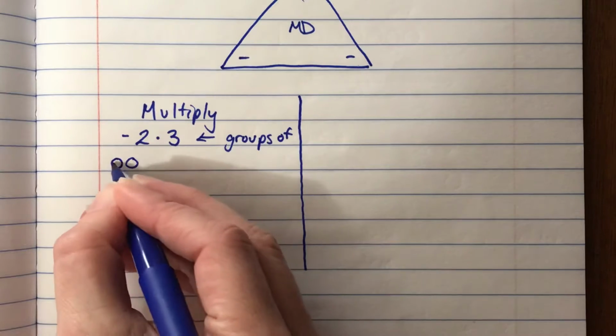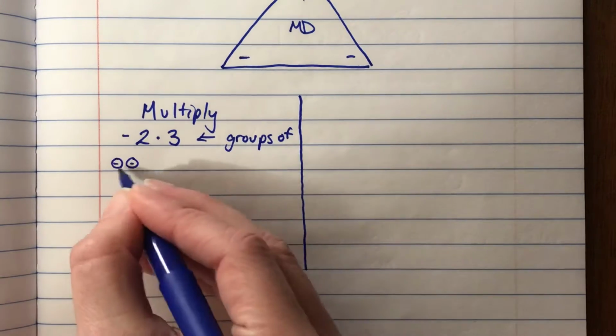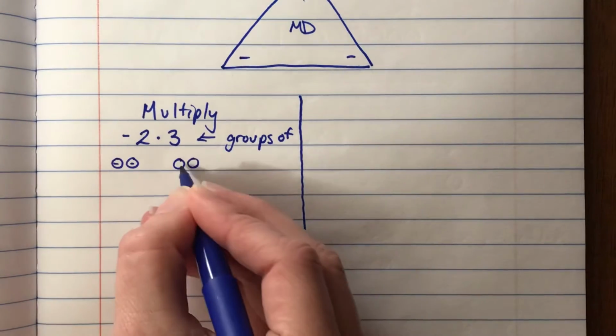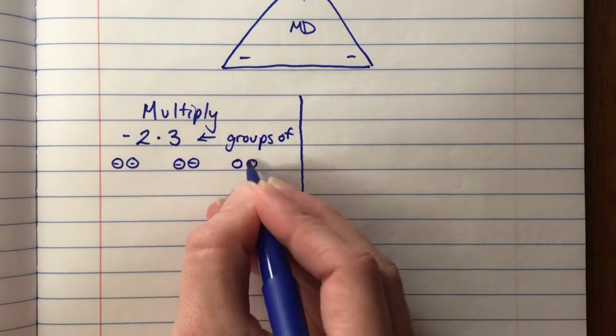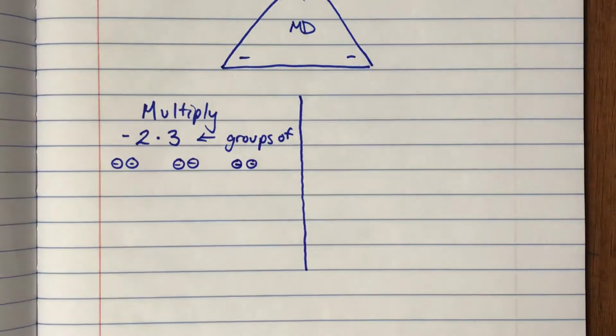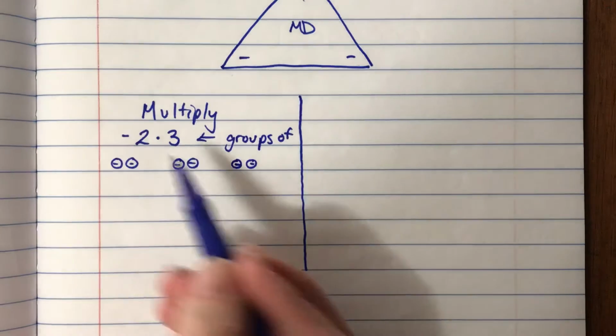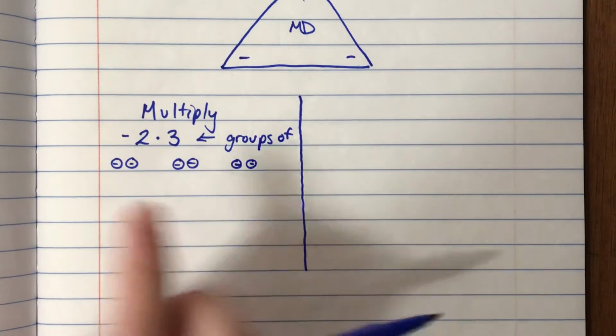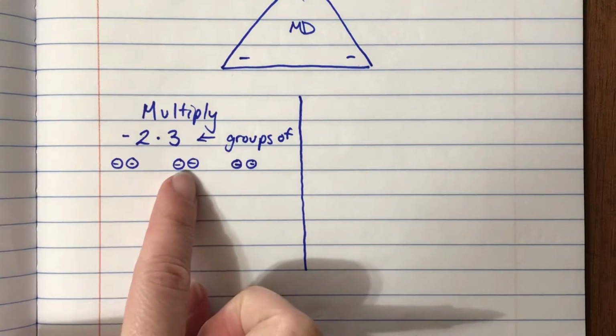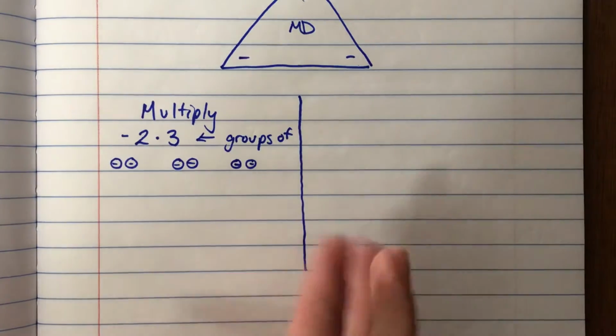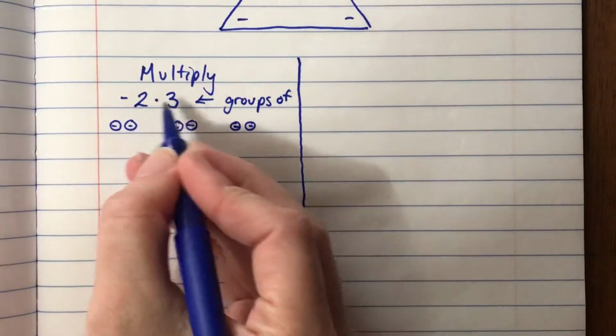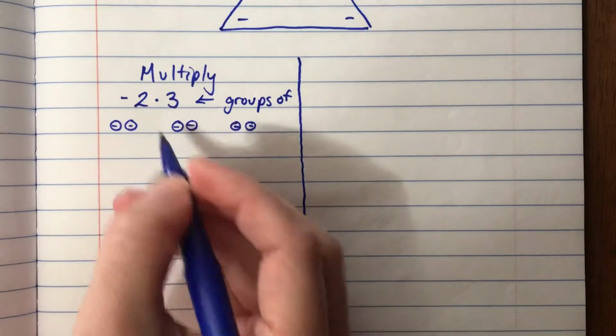So if I think about what 3 groups of -2 looks like, well, there's a group of -2, there's a group of -2, and there's a group of -2. What would be the answer to -2 times 3? Or again, 3 groups of -2. Well, we just count them all, and there's 1, 2, 3, 4, 5, 6. So the answer to -2 times 3 is going to be -6.